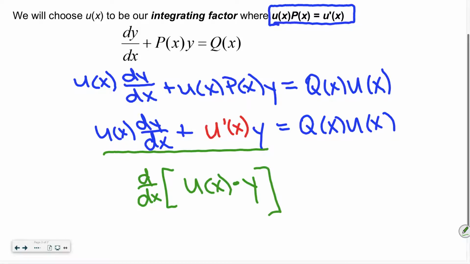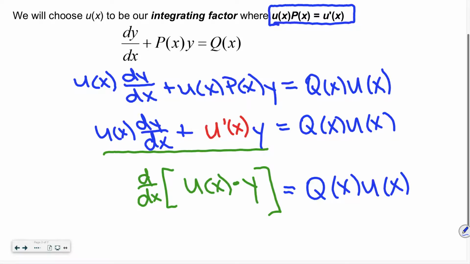That's the derivative of the product. So if we can force that to look like a product rule, we can write it as a product.